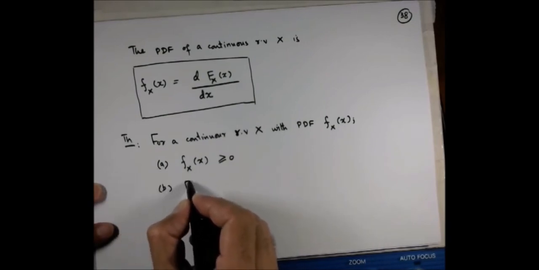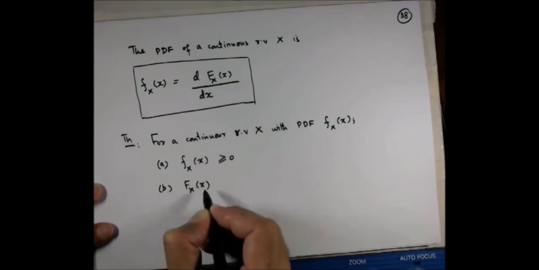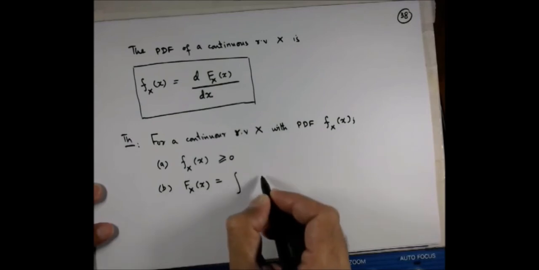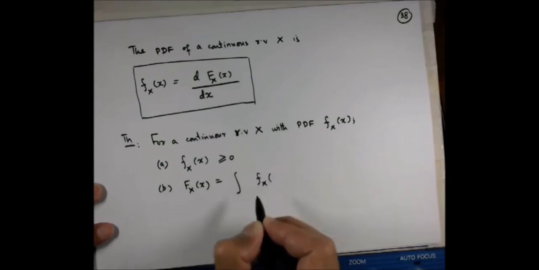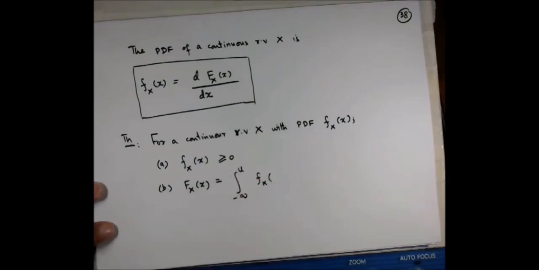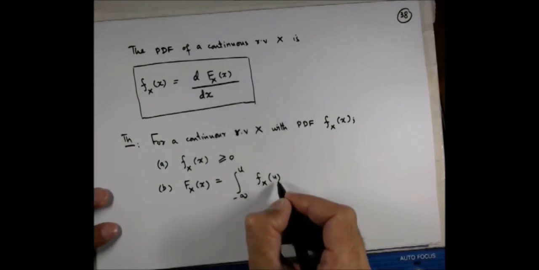Second, the CDF is nothing but the PDF integrated from, say, minus infinity till a value u of random variable x.